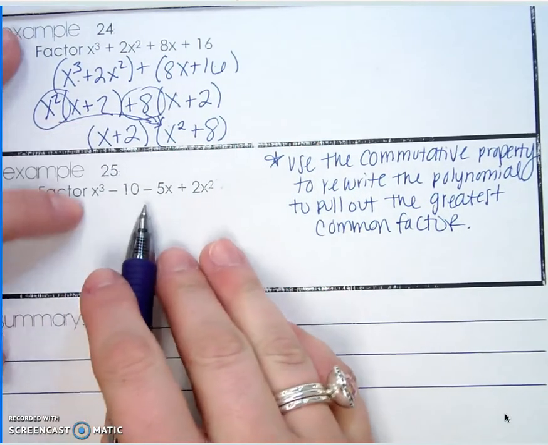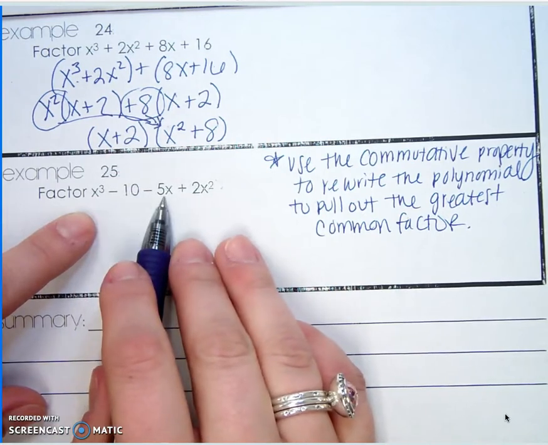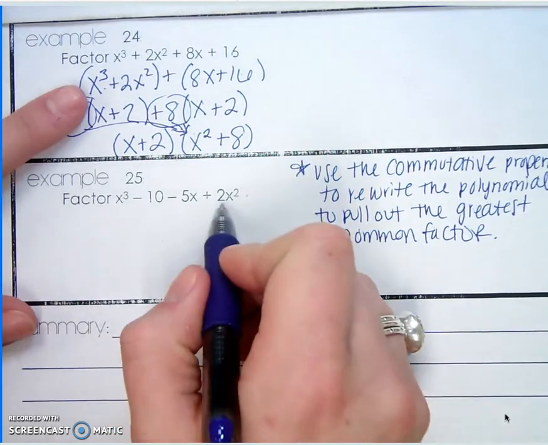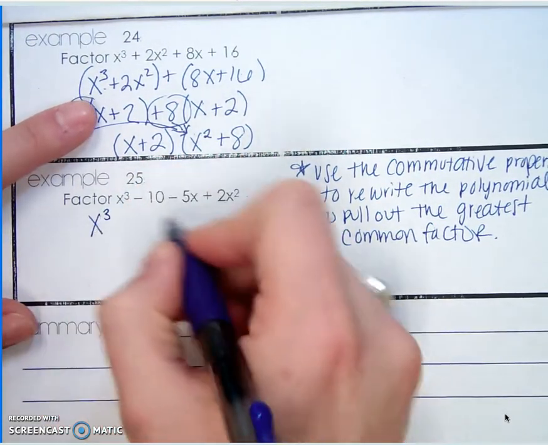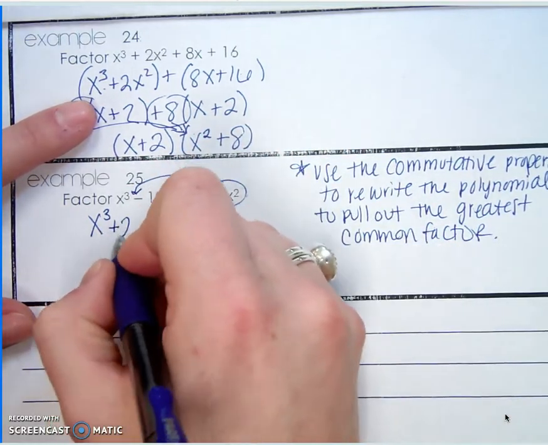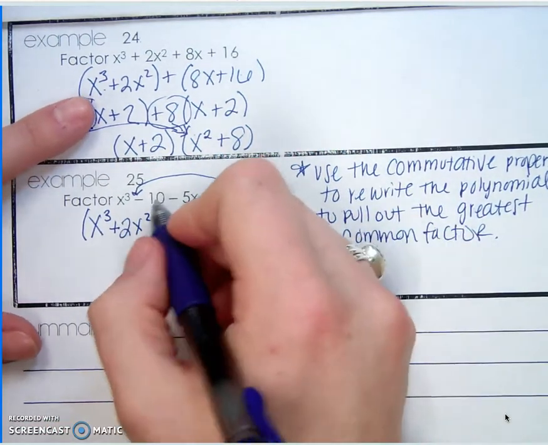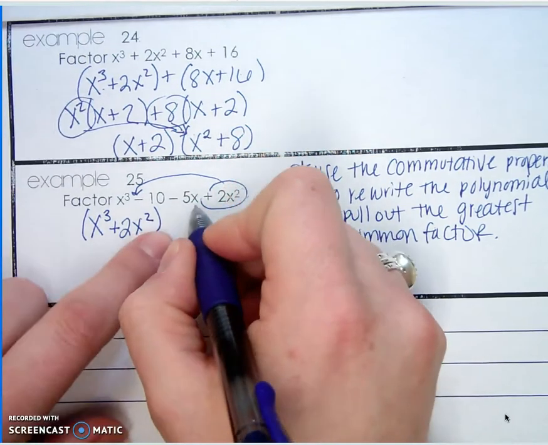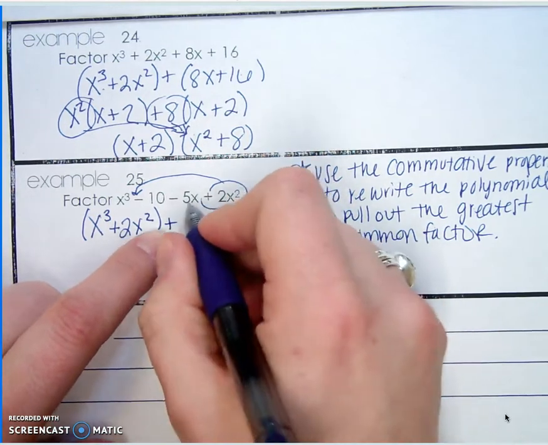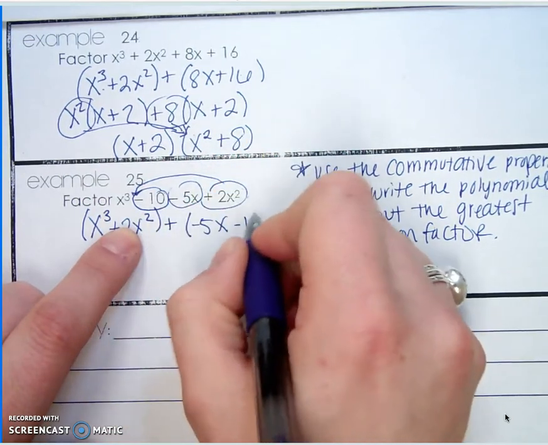So in order to do that, I'm going to try to rearrange so that this 5 and this 10, the largest number I'm going to be able to pull out, is going to be a 5. So let's rearrange. Let's do x cubed, and let's take this 2x squared and bring it up front, so plus 2x squared, that can be the first term. And then I'm going to rearrange so that I have my x's just in order, so plus that negative 5x and then a minus 10.